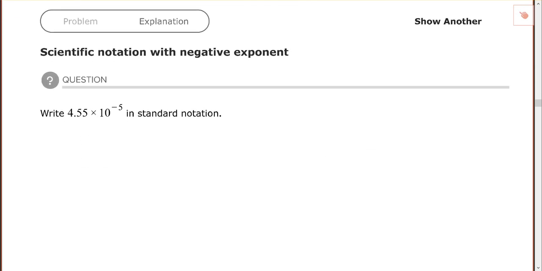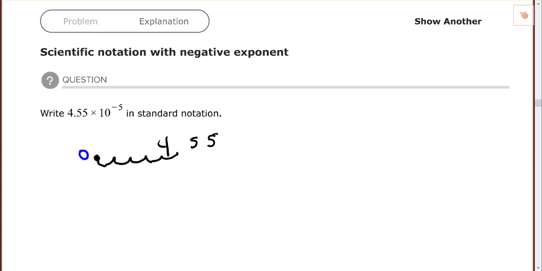Okay, so again here we have 4.55 times 10 to the negative fifth, which means I'm dividing by 10, 10, 10, 10, 10, dividing by 10 5 times. So the quick way to do that is to move the decimal to the left 5 times. So 1, 2, 3, 4, 5.